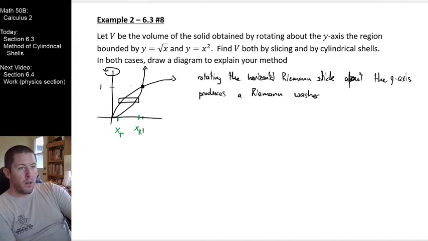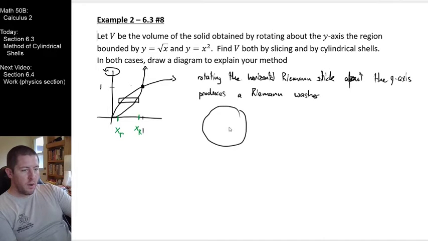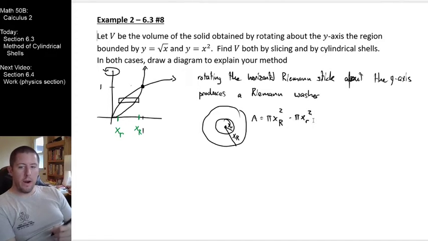All right, so if we're going to draw our Riemann washer that we are producing here, I'm again just going to say it has x sub little r as its inner radius and x sub capital R as its outer radius here. And so its total area is going to be our same pi x sub capital R squared minus pi times our inner radius, lowercase r squared right there.